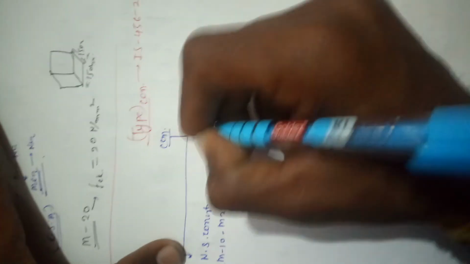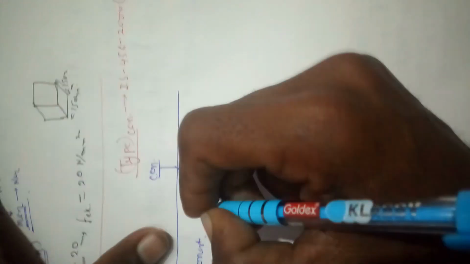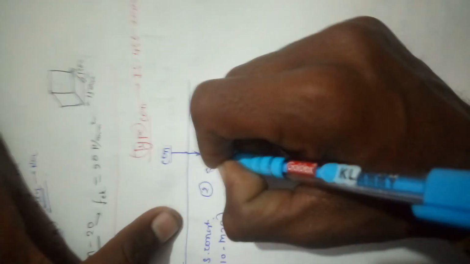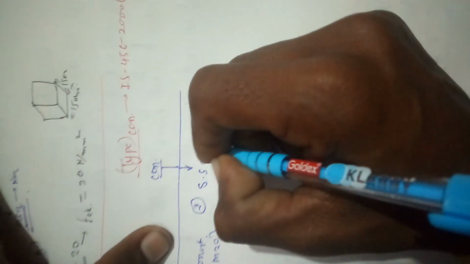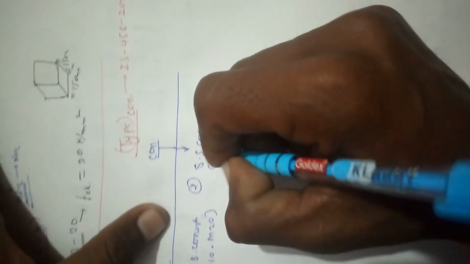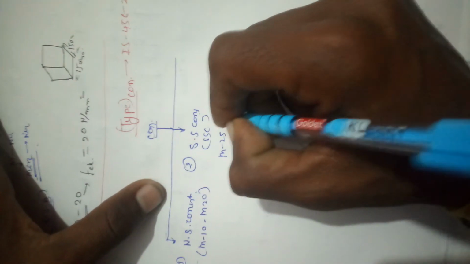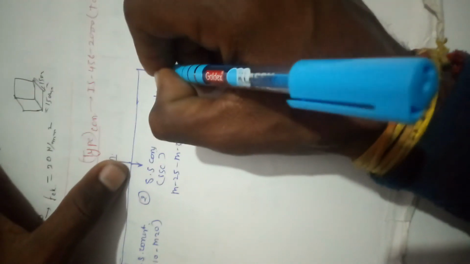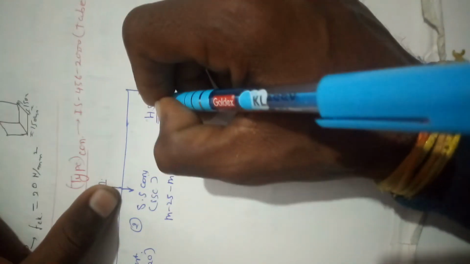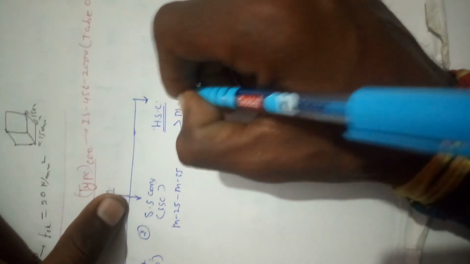The second type according to the IS is standard strength concrete, also called SSC, from M25 grade to M55 grade. Third is high strength concrete, HSC, greater than M60.